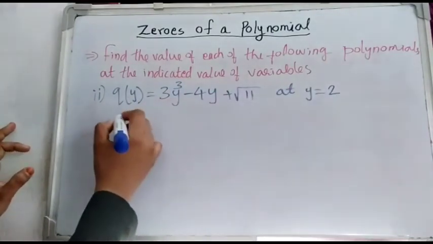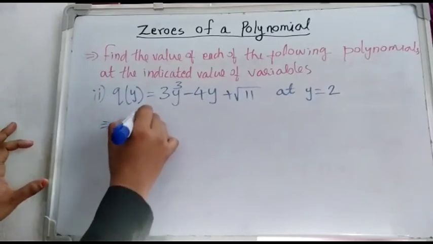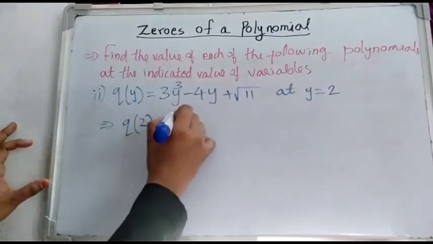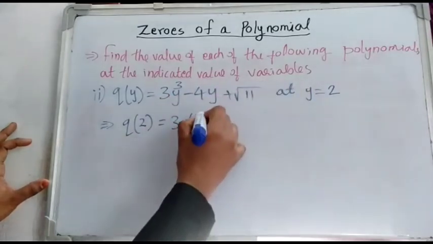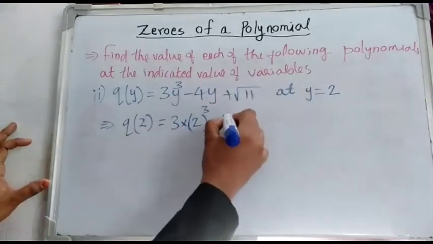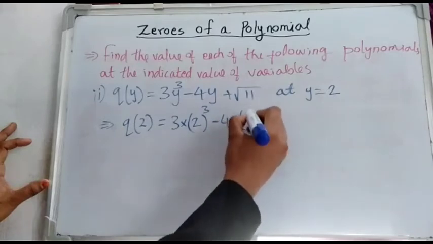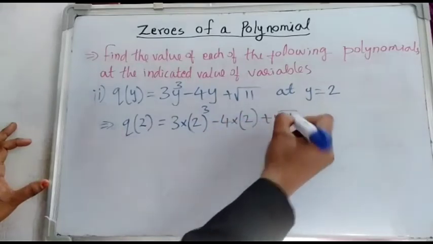Which implies q of 2 is equal to 3 into y. In place of y, put 2. 2 cube minus 4 into 2 plus root 11.